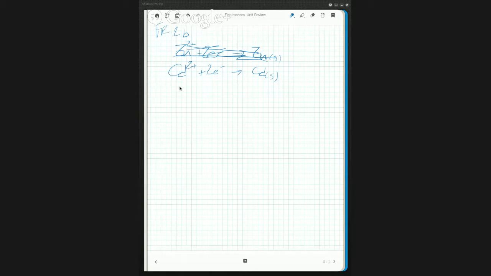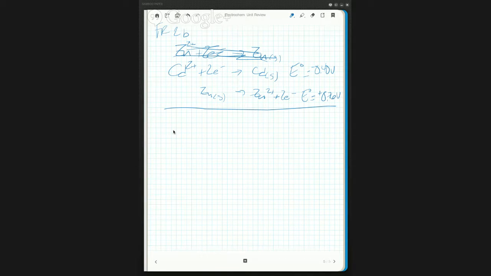The zinc will be like this. Zinc as a solid goes to zinc 2 plus 2 electrons, which means that its sign is reversed. So cadmium gets to say its E naught is equal to negative 0.40 volts. And we would flip the sign on this one, so it becomes positive 0.76 volts.